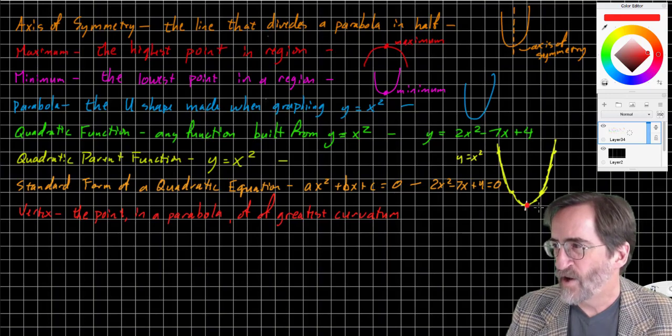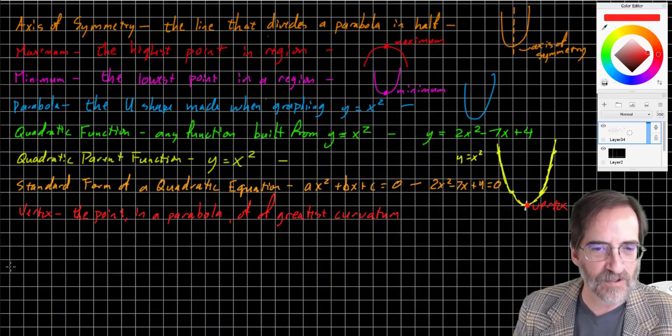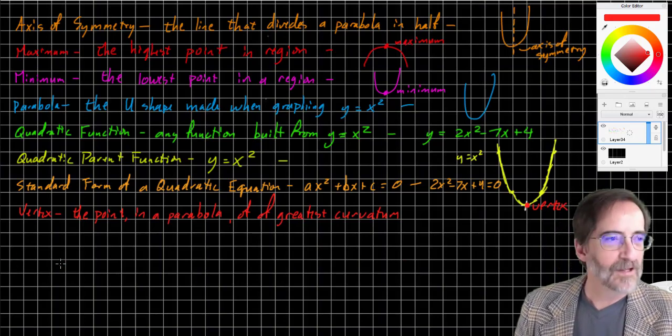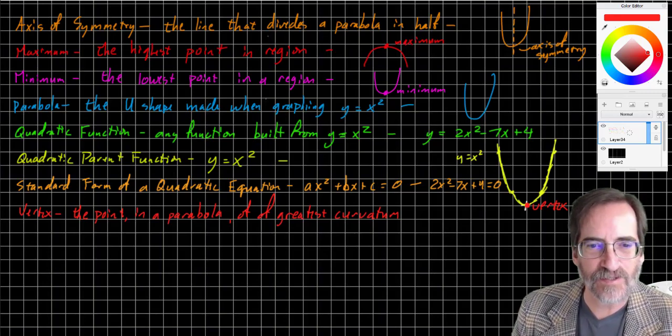I'll use this graph. That's the vertex. It's also the minimum or lowest point on the graph in this case. Okay, that's it for lesson 1. Let's go to lesson 2.